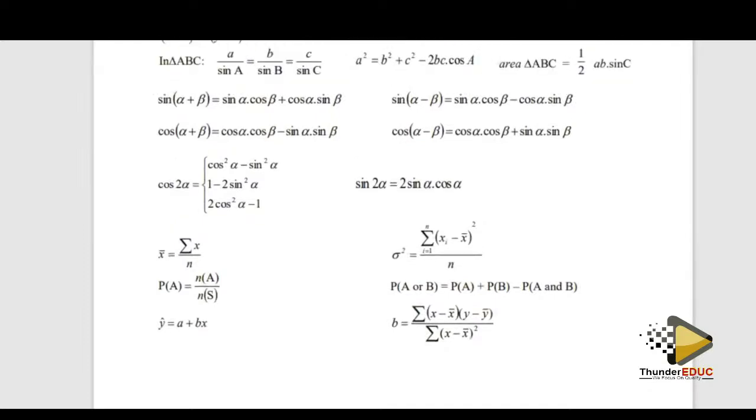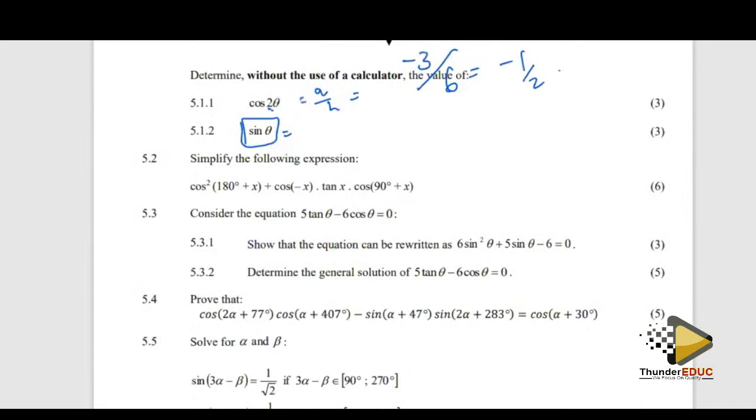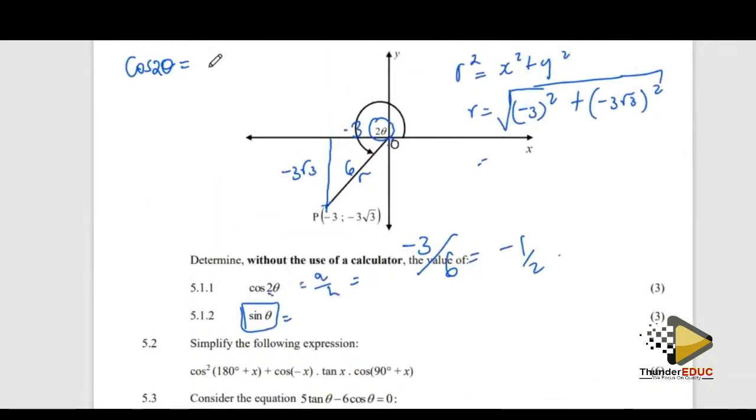From the formula page, we can use this one: 1 minus 2 sine squared. So that's going to be 1 minus 2 sine squared theta.